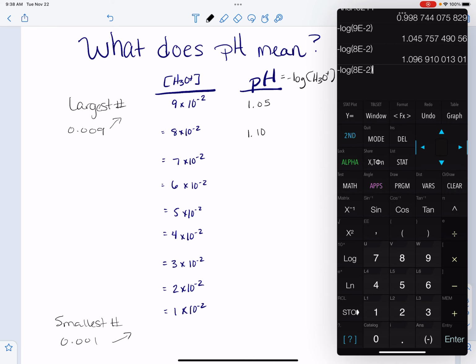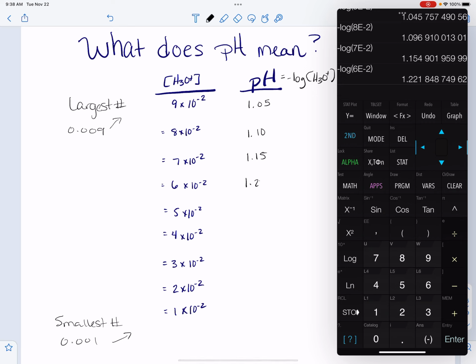Now if I do this again and I change it to a 7, 1.15, and then I'm going to change it to a 6. 1.22. Then I'm going to change it to a 5. 1.30.